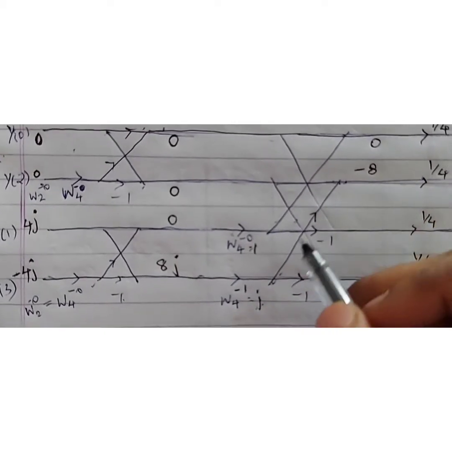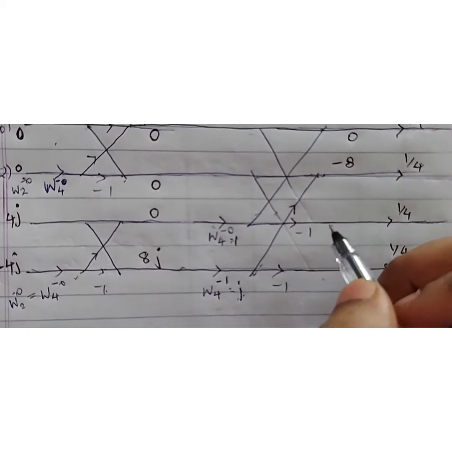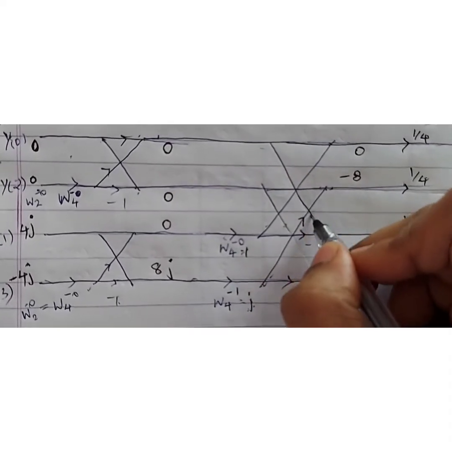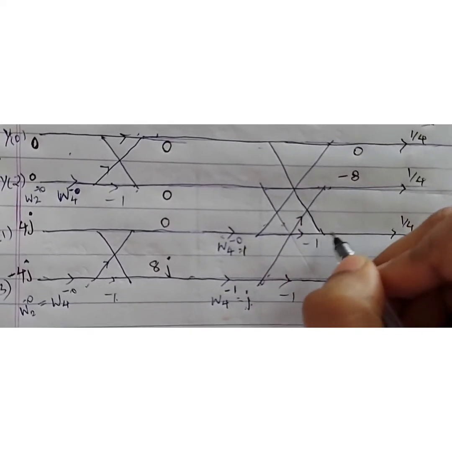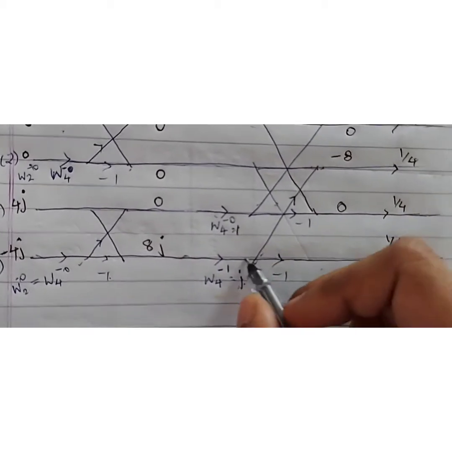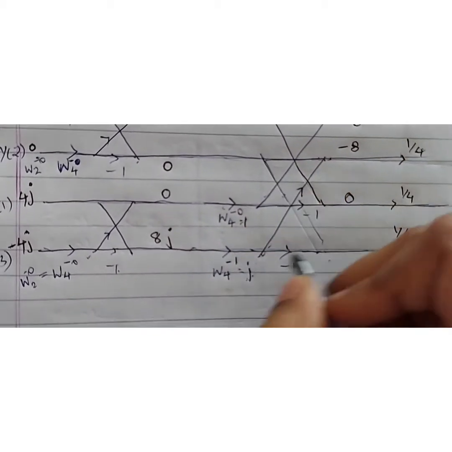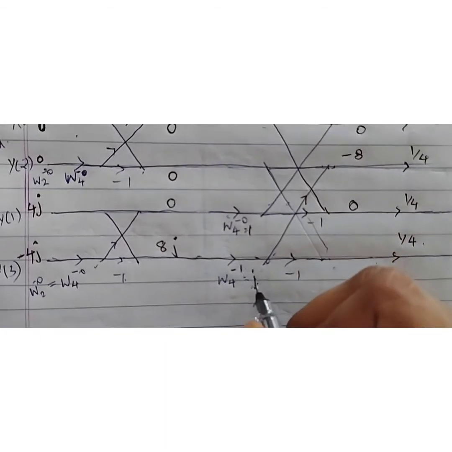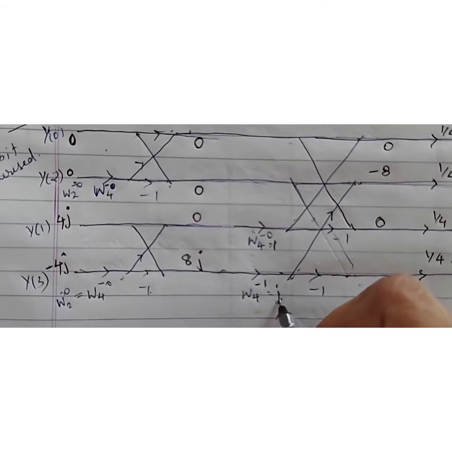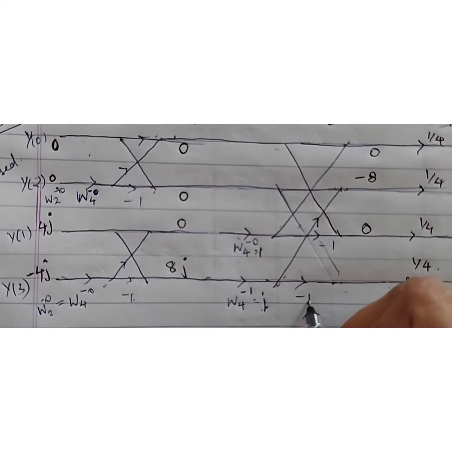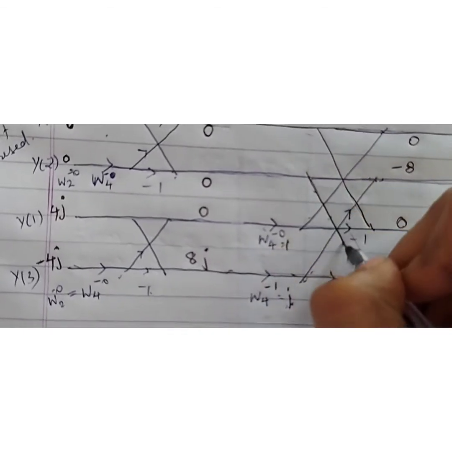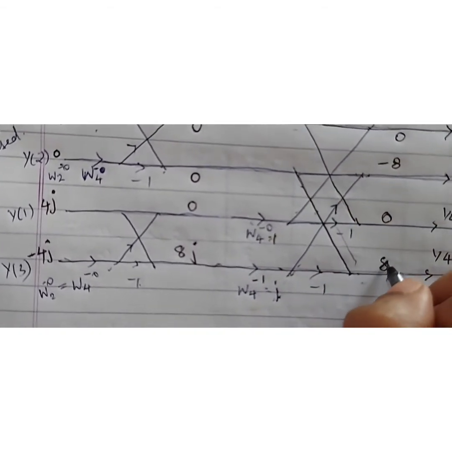Here it is minus 8. What about here? At this point, I'm having this value here. So this is 0 plus 0, 0. Again, there is 0 coming in here. 8j into j square, minus 1, minus 8. Minus 8 into minus 1 is plus 8. Okay, this is plus 8.